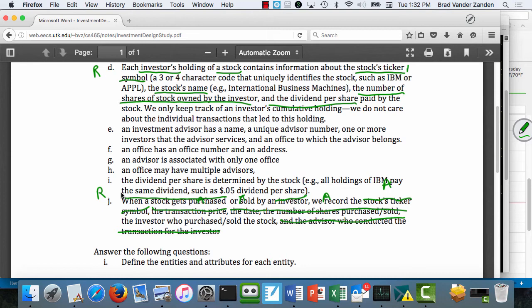So again this is actually a relationship that has attributes. So anytime you see a sentence that involves two or more entities, there's probably a relationship in there. And then it's a matter of figuring out, are the attributes associated with a specific entity or with a relationship? Great. Yeah.